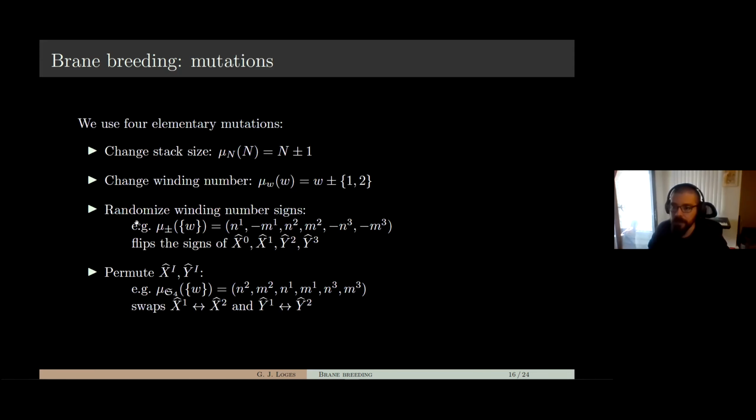For the mutations, so in the knapsack problem, there was a fairly simple operation, just taking 0s to 1s and vice versa. Here we have, again, 4 fairly simple mutations which make very small changes to the chromosome of the child. So one is to take these stack multiplicities and change them just by ±1, or you can take your winding numbers and change them by either ±1 or 2.